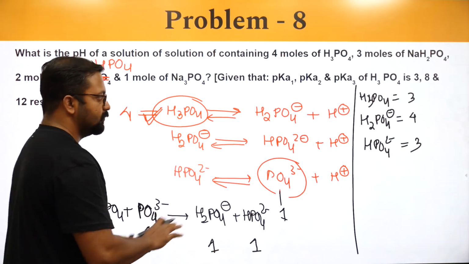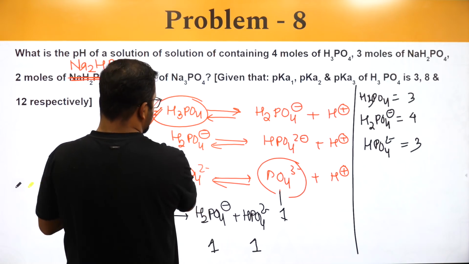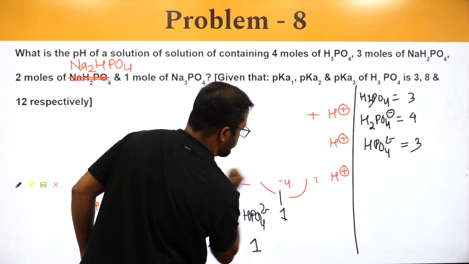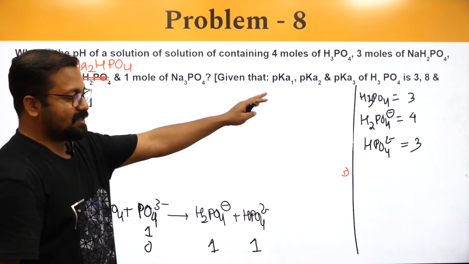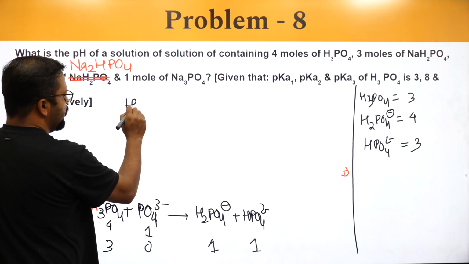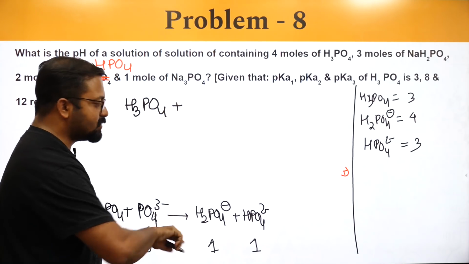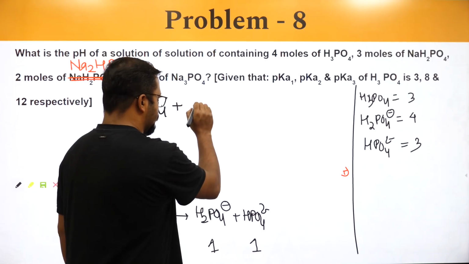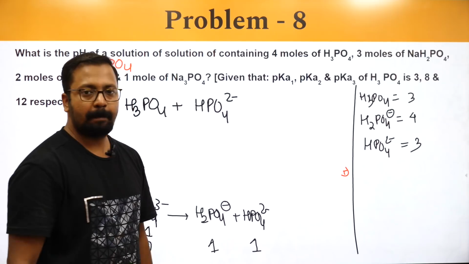Okay, that's it. Next, the strongest acid is still present. So H3PO4 will now react with the next strongest base, that is HPO4 2 minus.